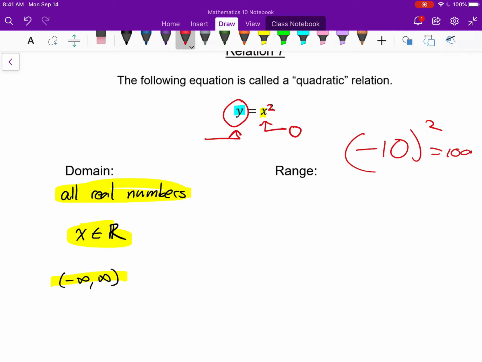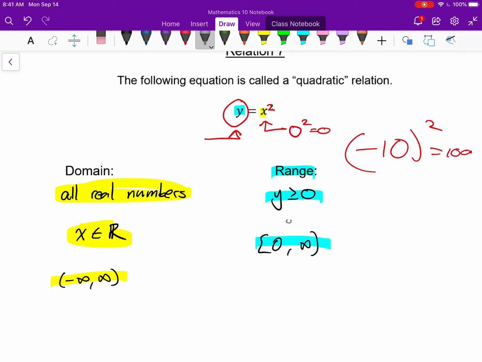If you put a 0 into x, 0 squared equals 0. But you can't get anything smaller than 0. So while the range is not all real numbers, the domain is. The range is everything greater than or equal to 0. Or, try that again, square bracket, 0 to infinity.